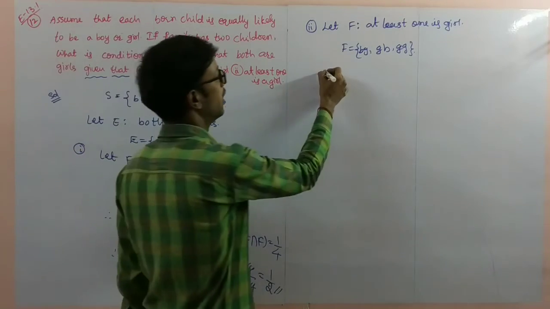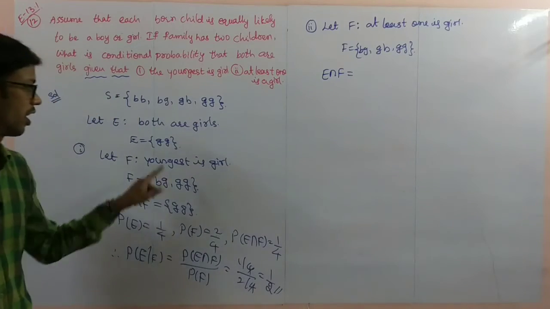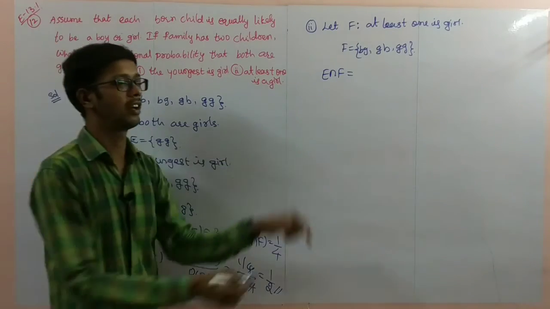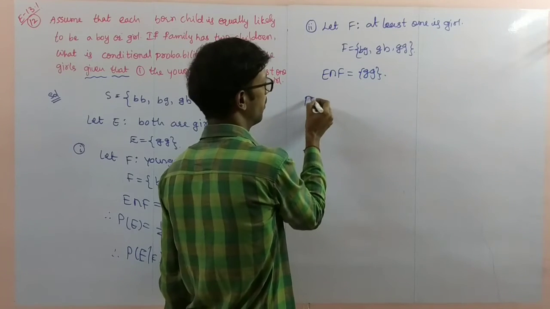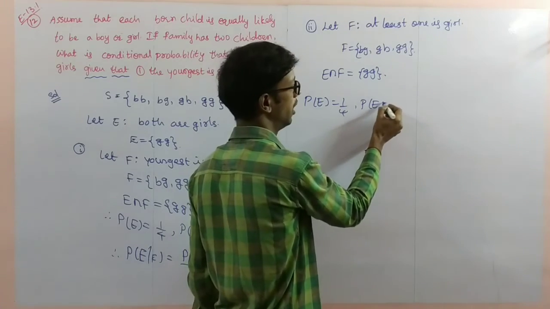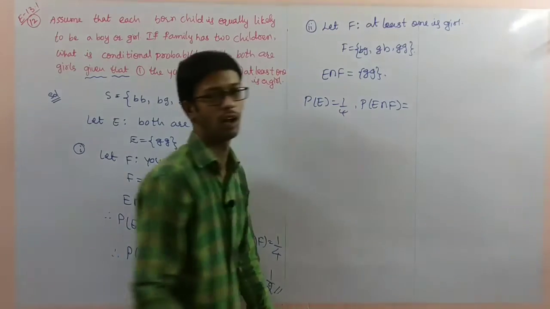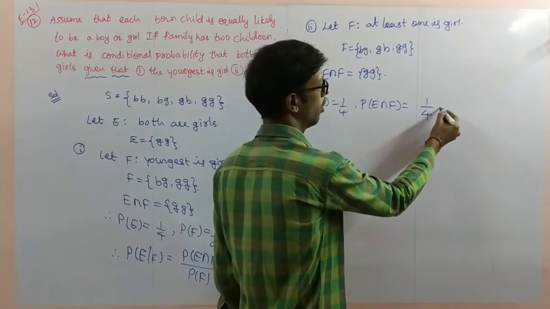Next, E intersection F. The intersection part of E and F is only one, GG. Probability of E is equal to 1 by 4. Probability of E intersection F is equal to 1 by total 4.